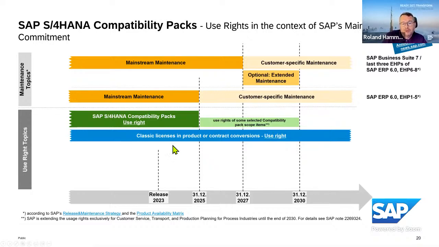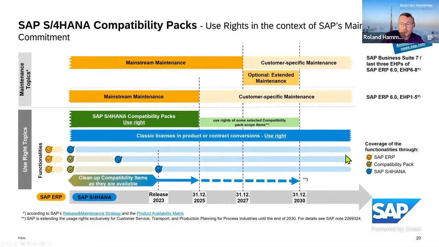However, the classical license, that means the S/4HANA product as such, use rights will last on, and we have made a maintenance commitment for SAP S/4HANA that the mainstream maintenance will go at least until end of 2040.